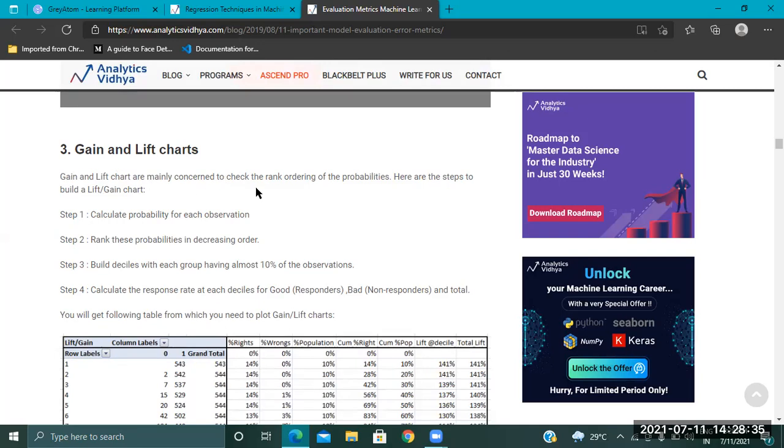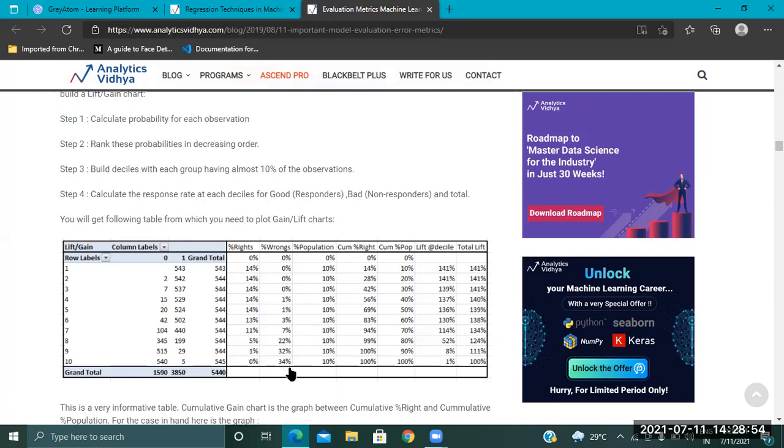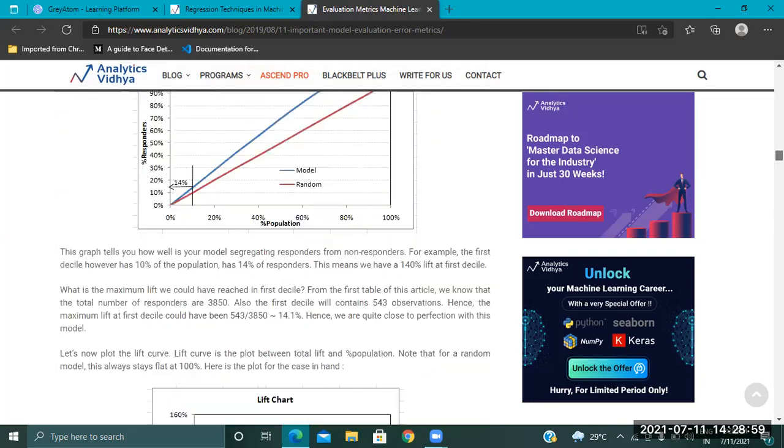So it is nothing but rank ordering of probabilities. You are defining different probabilities for each and every row with respect to the column. We will define the probability, make it in a tabular format and show the output. This is known as a gain and lift chart.